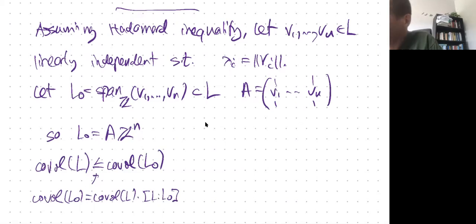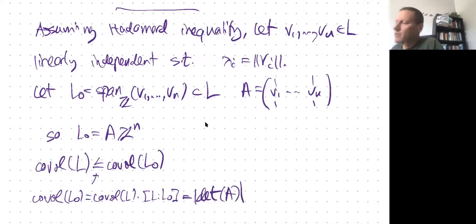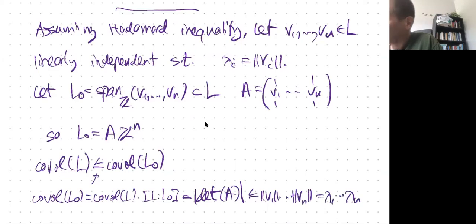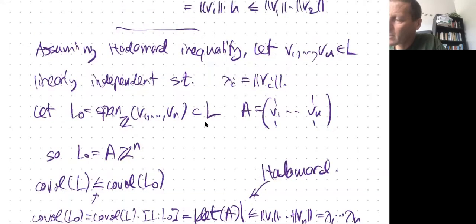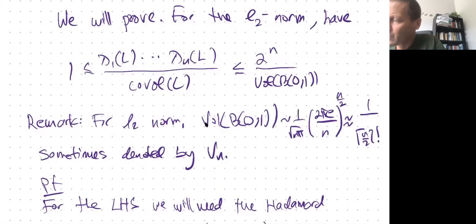And so we have this inequality, and this is the determinant of A, as we saw, because the fundamental domain is the parallelepiped spanned by the columns of A, and this is less than or equal to the product of the VI's, which is the product of the lambda I's, and this is where we use Hadamard's inequality.